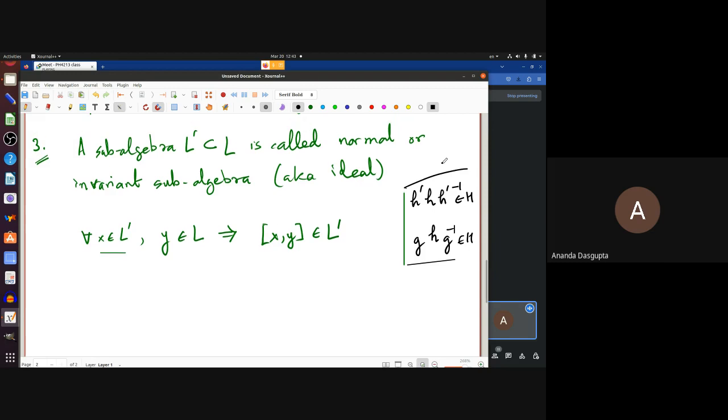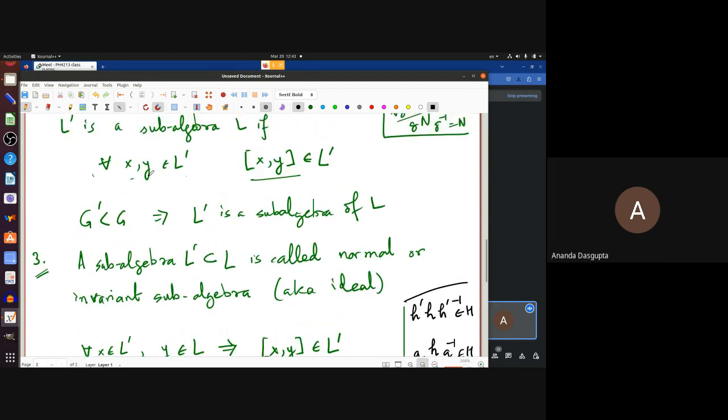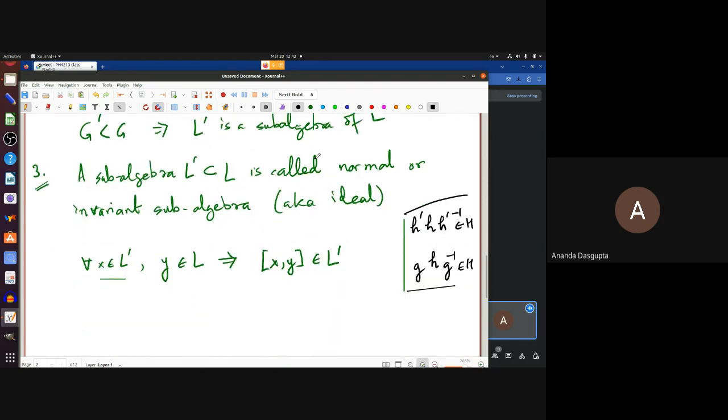Very similarly, here, if you take X and Y both from L prime, the bracket has to be in L prime. But here, this is more restrictive. You take X from L prime, and that's enough. Y can be anywhere in L. The resulting thing has to be in L prime. If this is true, then what you have is an invariant subalgebra. Of course, not all subalgebras are invariant. That's why there is a special designation.